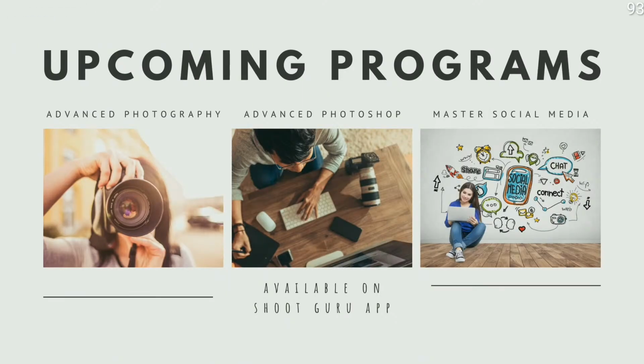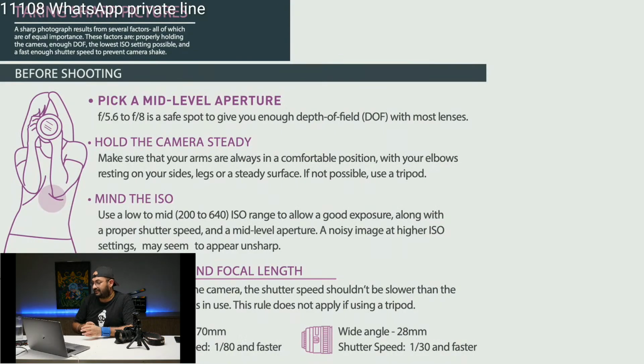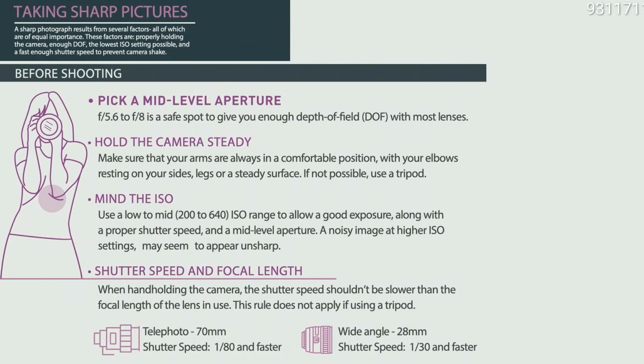So what is the cheat key to take sharper portrait pics for modeling and candid photography? I am going to upload this later, but just for your reference, I'm going to show you what my cheat sheet is when it comes to shooting sharper images. This cheat sheet allows me to get amazing shots with whatever I have in whatever situations I have.